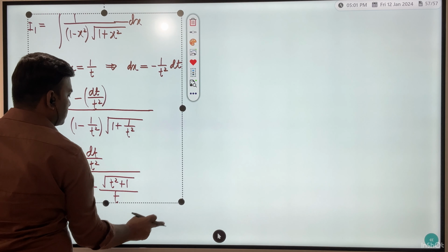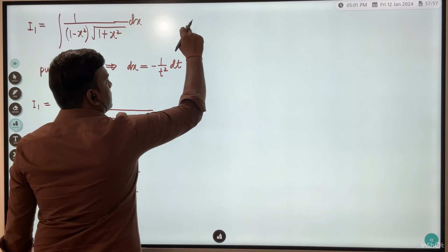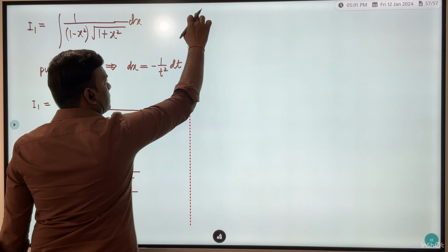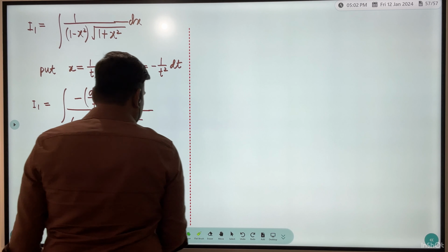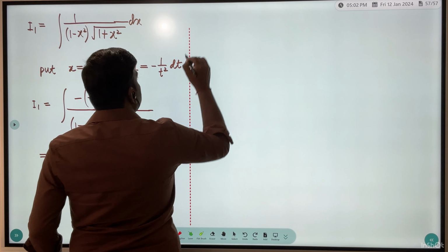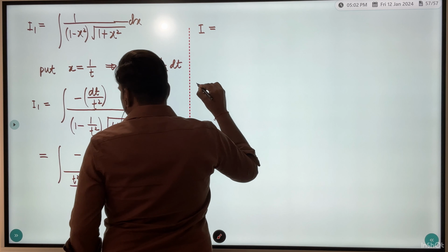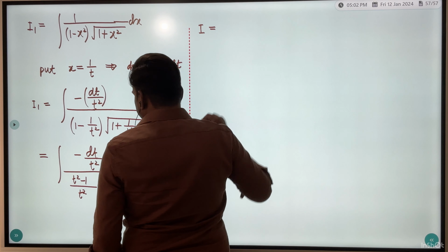So after this substitution, we will simplify this given integral, and if required, we will use another substitution to make it more simplified. We can see that t square is getting cancelled here, so we'll cancel the t square term.